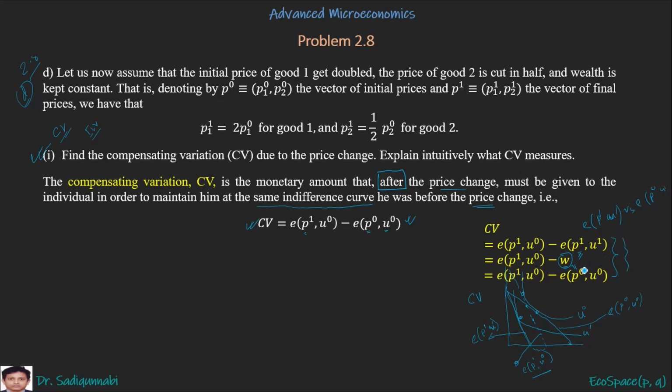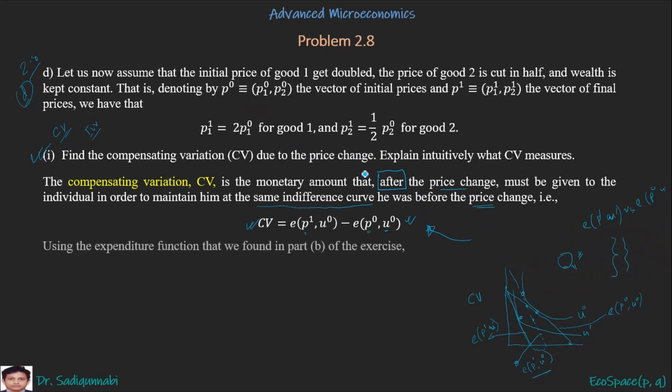And now we apply the value of price from part B. We know that E(P, U0) is U0 times (P1 plus alpha P2). We just put them down.